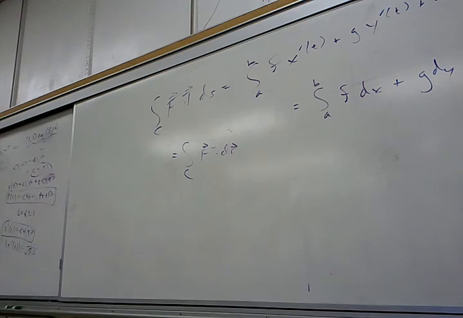So what's f dot r prime? You can get that done on the side before you put this into the integral. So what am I going to integrate? What is f dot r prime? Here's my f, there's my r prime, dotted with 4, 9.